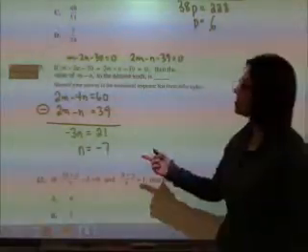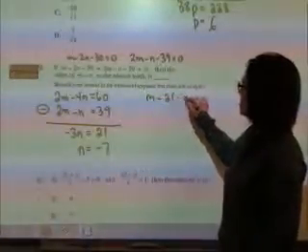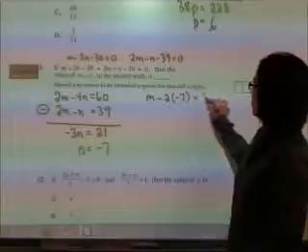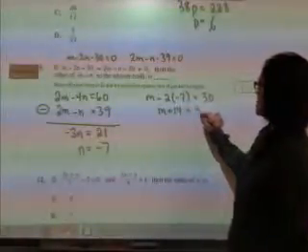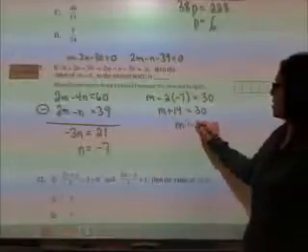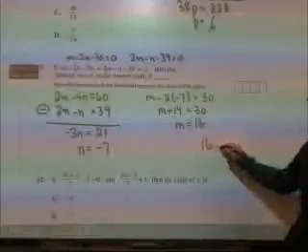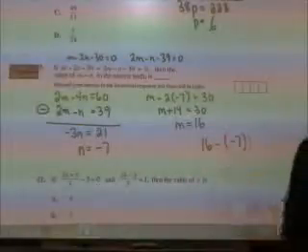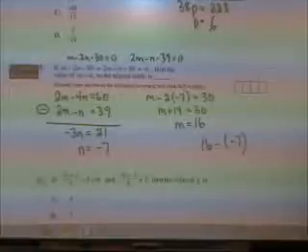Plug it into one of those two equations. m minus 2 times negative 7 equals 30. And I get m plus 14 equals 30, so m would equal 16. And 16 minus negative 7 equals 23.